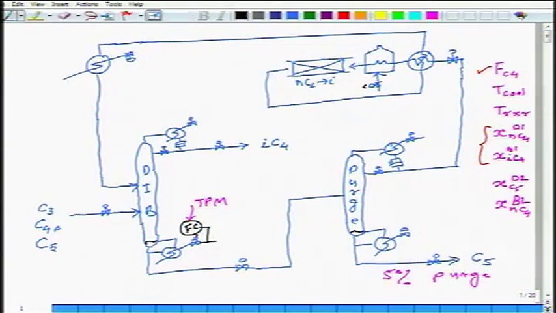So I flow control it, it's going to become active. Then what? Because I know it's going to become active, I say I am going to control the temperature using something which doesn't become active. Yeah? Okay.